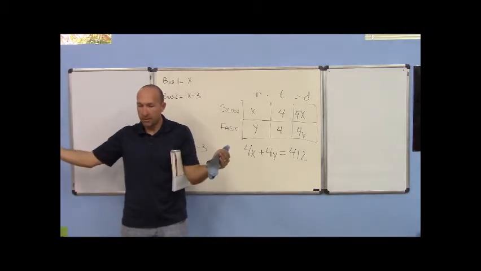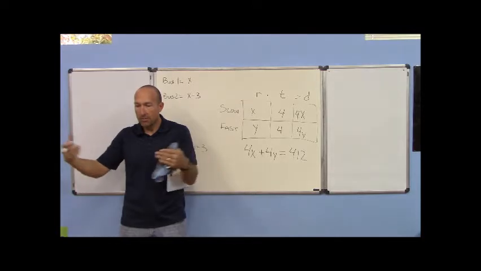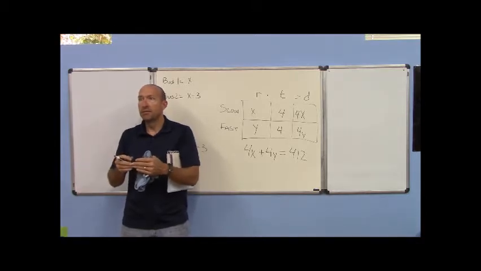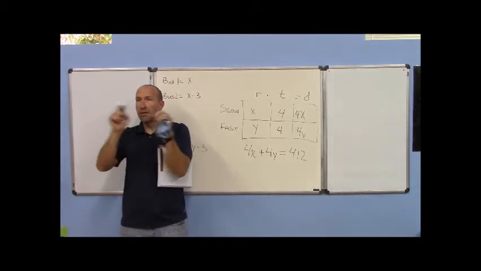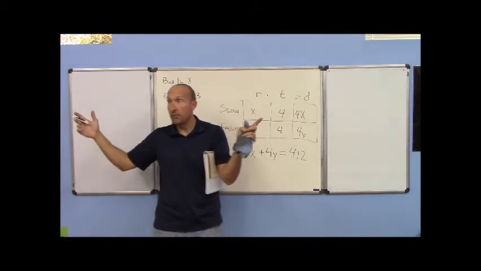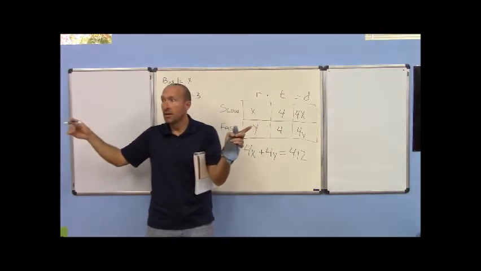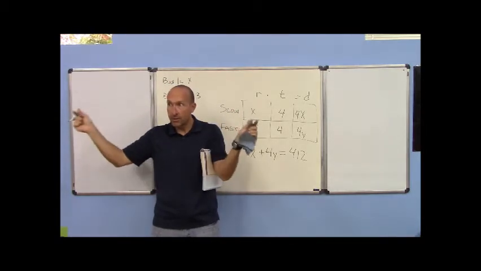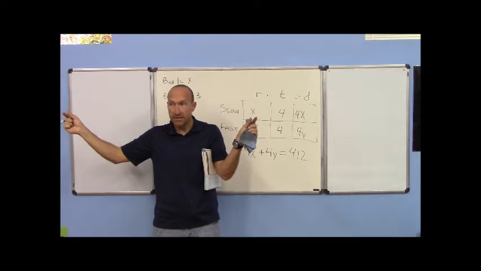They're apart from each other, and once they meet, they will both have traveled 412 miles. So if you think of a string that is 412 feet apart, and you have two little buses that can slide back and forth on that string, and they both start at the end.